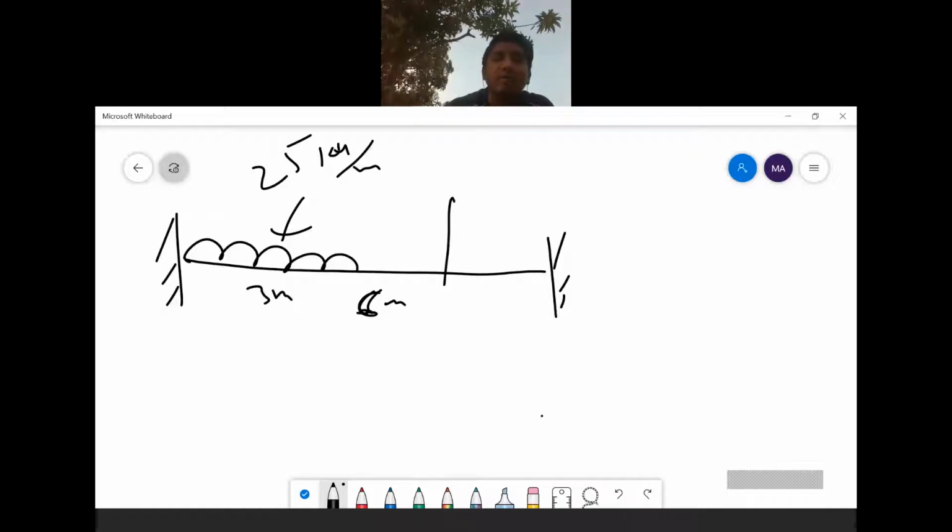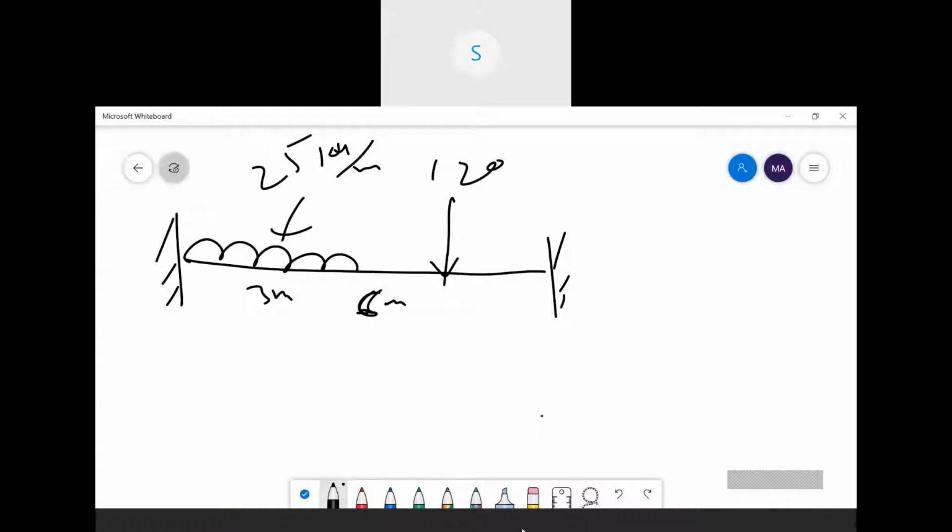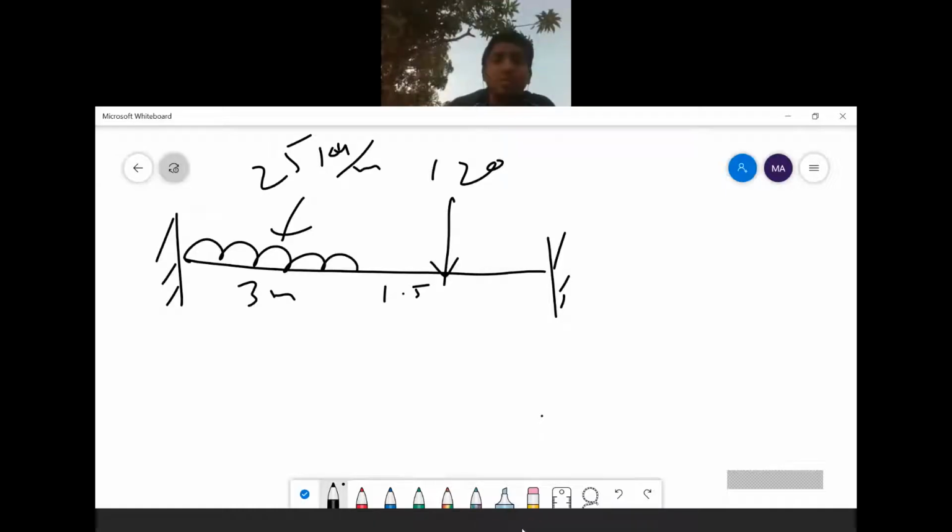It is also carrying a load of 120 kilonewton, 4.5 meters from the left end. This one is 3 meters, this one is 1.5, total it is 6 meters. Understand?